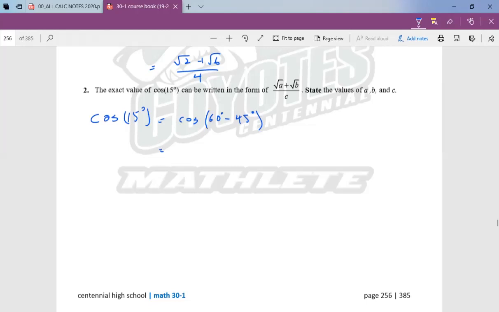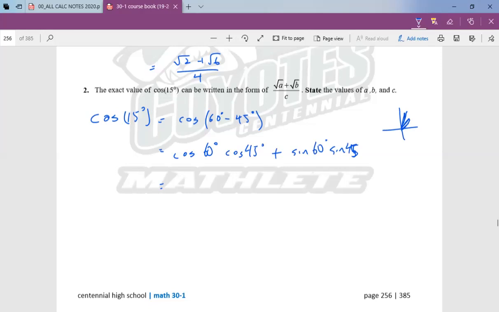Our cosine difference formula looks like this: cos A cos B, so let's call this cos 60 degrees, cos 45 degrees, and then plus sine A sine B, sine 60 degrees, sine 45. We're wanting to think of what happens with our 60 and what happens with our 45.